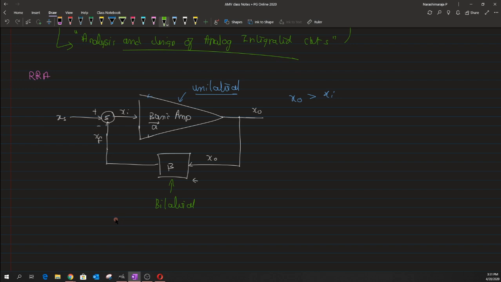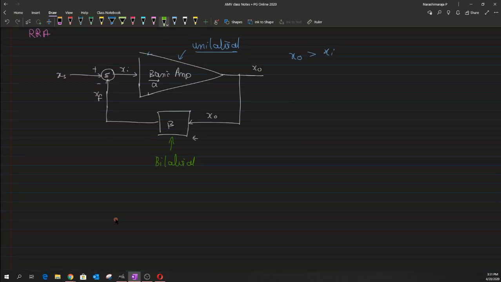Now, this RRA method depends on incorporating two important modifications to the circuit. The first one is to kill the input source, or the independent source.